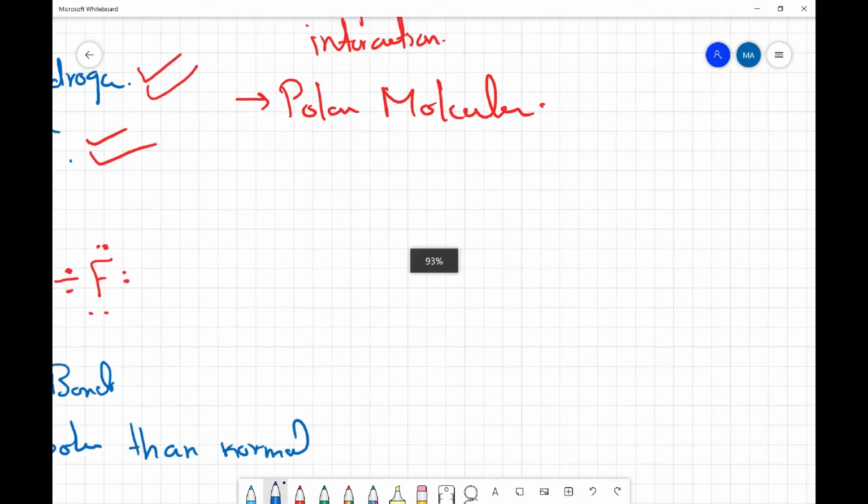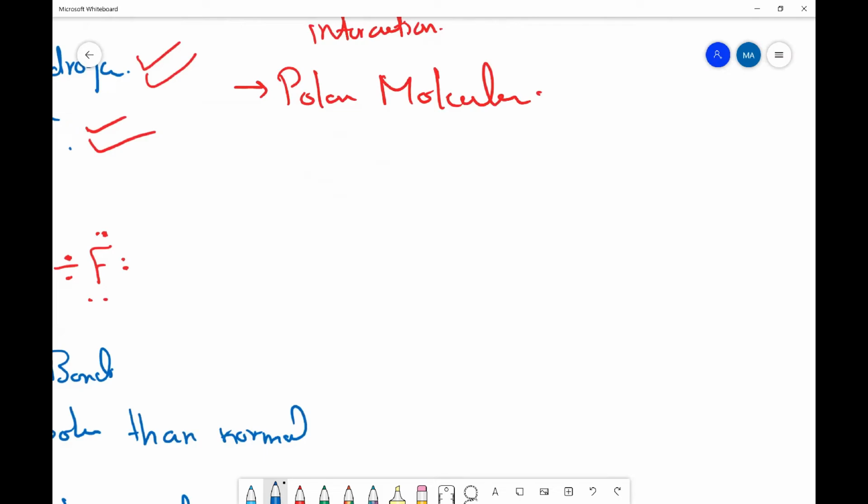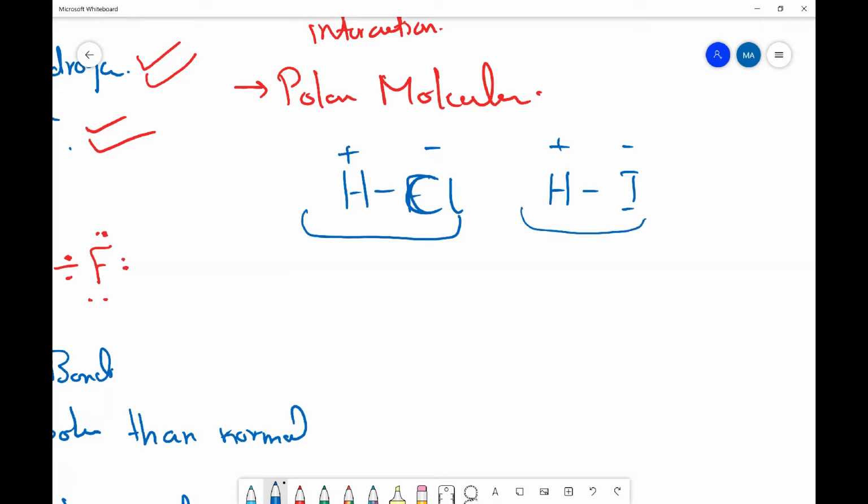Can you tell me how do you differentiate between strong and weak dipoles? By their charges. Charges? I mean, I'm confused. HF and HI, or HCl and HI, the charges are the same, positive negative, positive negative. Now how will we know whether HCl or HI has stronger dipoles? No, no idea.